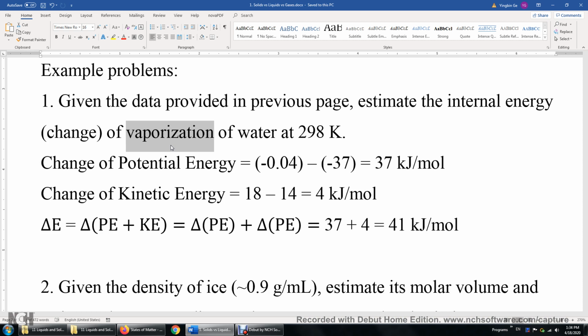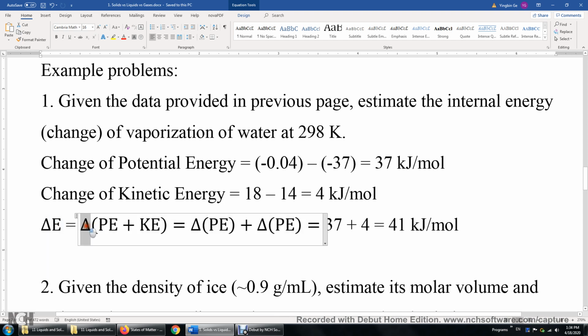And also we know that the internal energy is the sum of potential energy and kinetic energy. Therefore, the change of the internal energy is the change of the sum of the potential and kinetic energies. And therefore, it's the sum of the change in potential energy and the change in kinetic energy.